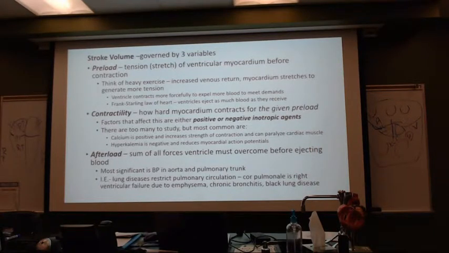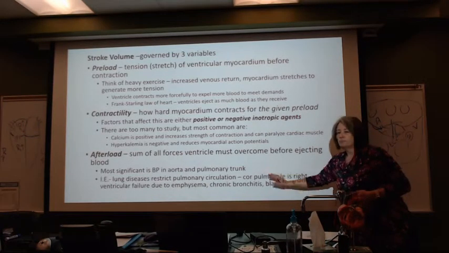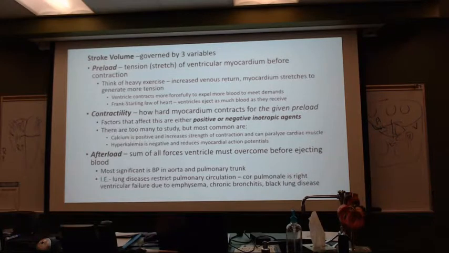For example, blood pressure. People who are under chronic high blood pressure that is very difficult for them to control, their hearts enlarge and their contraction strength weakens, and this is why there's so much concern about people with high blood pressure, among a lot of other things.